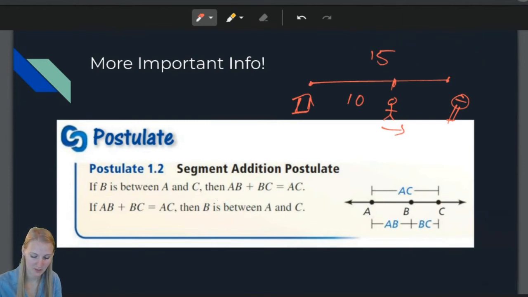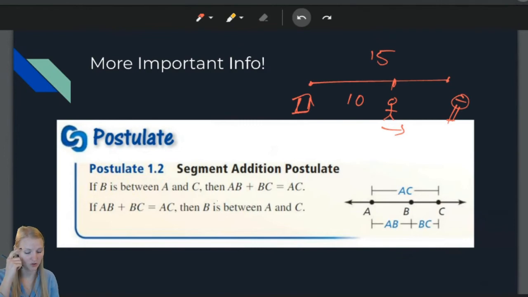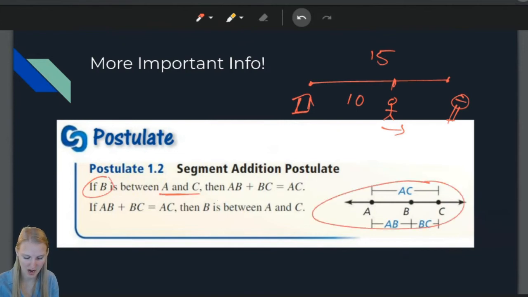This candy bar walking question is the segment addition postulate. What it says is that if B is between A and C, which is just what they show right here, then AB plus BC equals AC.